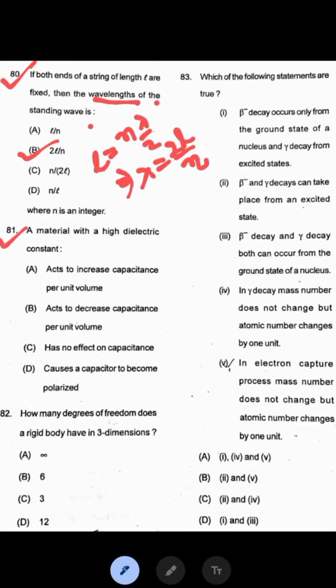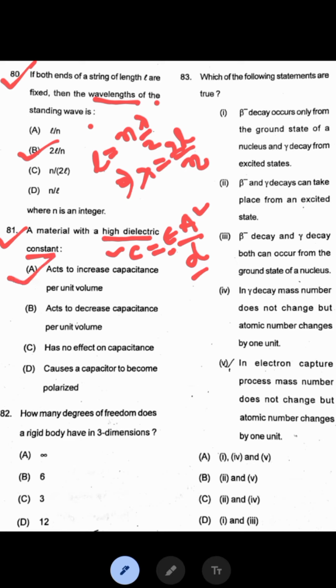In this question, you can use the direct formula: C is equal to epsilon A divided by D, where A is the surface area of the parallel plate capacitor and D is the distance between the two parallel plates. So C is directly proportional to epsilon. If a high dielectric constant material is used in between the plates, then its capacitance will increase. It acts to increase the capacitance per unit volume.